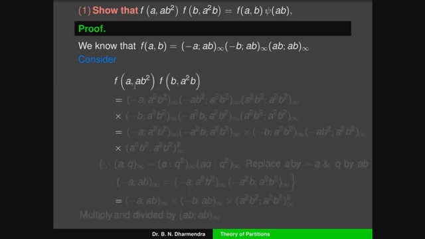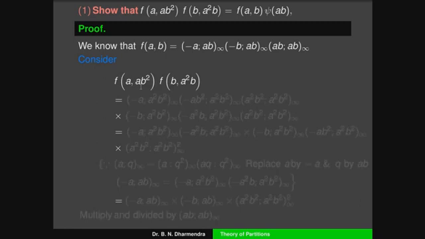f(a, ab^2) times f(b, a^2 b). The first one I want to expand using the Jacobi triple product identity. It can be written as: the first term is minus a, and the base is the product of the two terms, a^2 b^2. Similarly, the next one is minus ab^2 with base a^2 b^2.